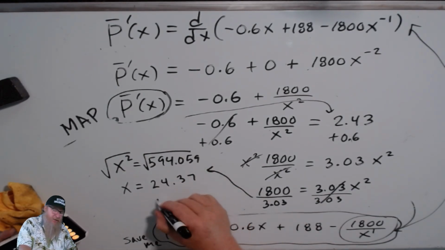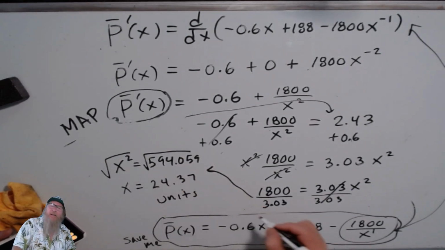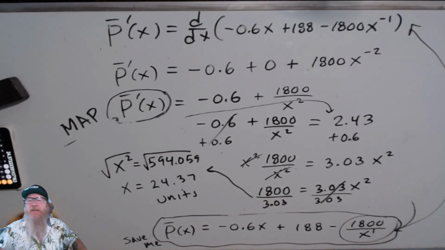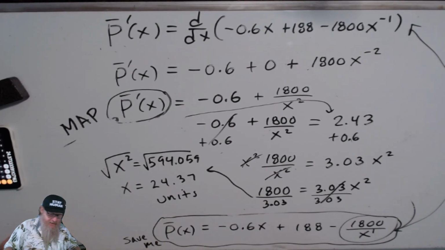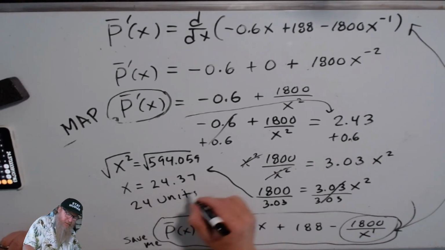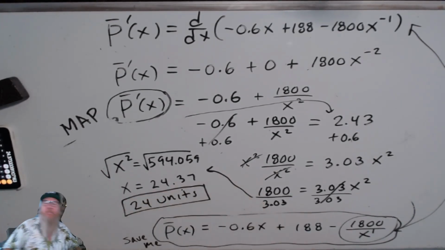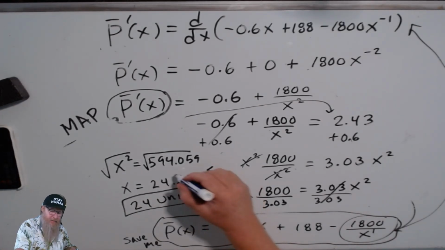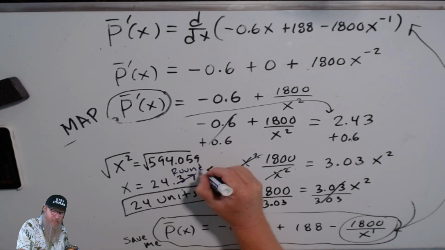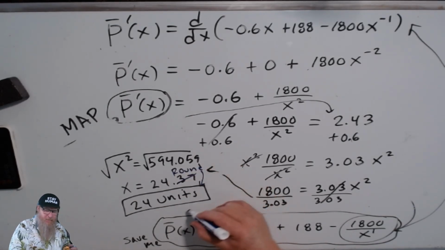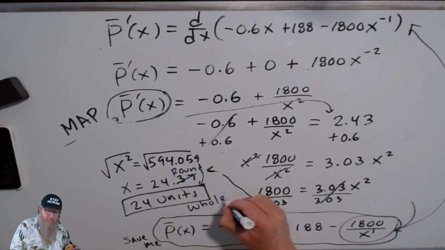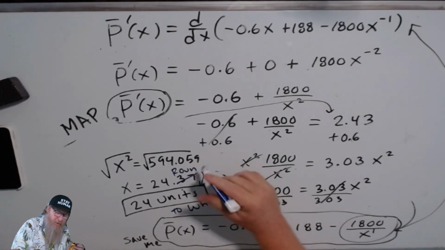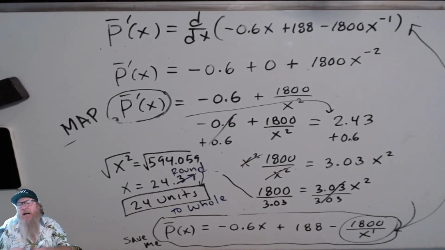Now, because these are units, you can't have decimals, right? So we're just going to say 24 units. I'm rounding to the nearest whole number because it's not money.